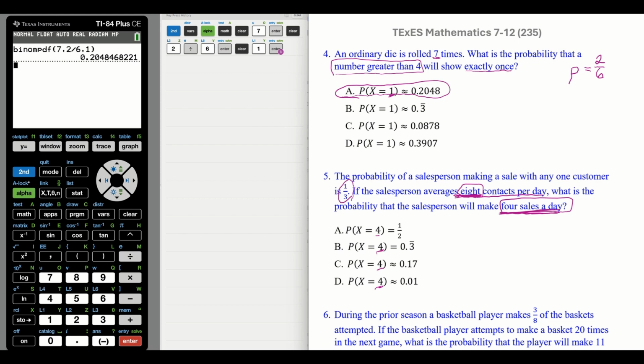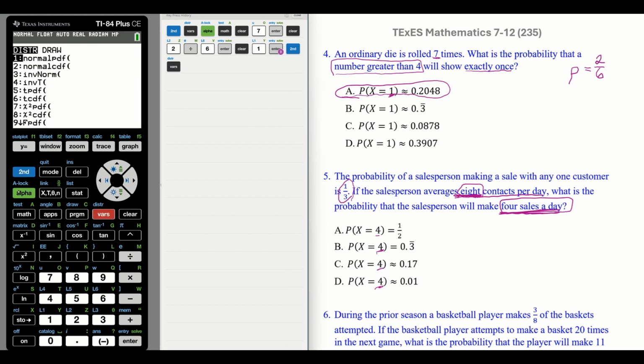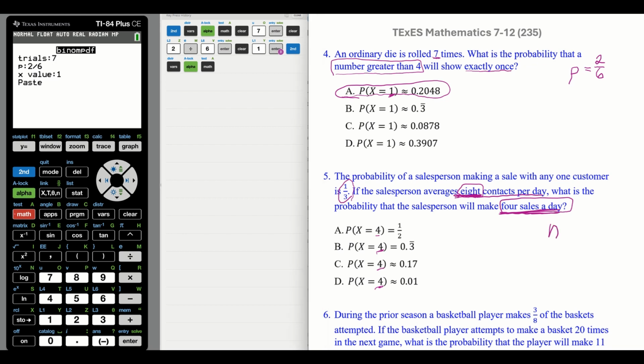So what do we do? Second vars alpha math. Okay, how many total trials? That's what's going on. We have n equals 8. p equals 1/3. And our x equals 4. Okay, it's the 8 that's a little questionable.